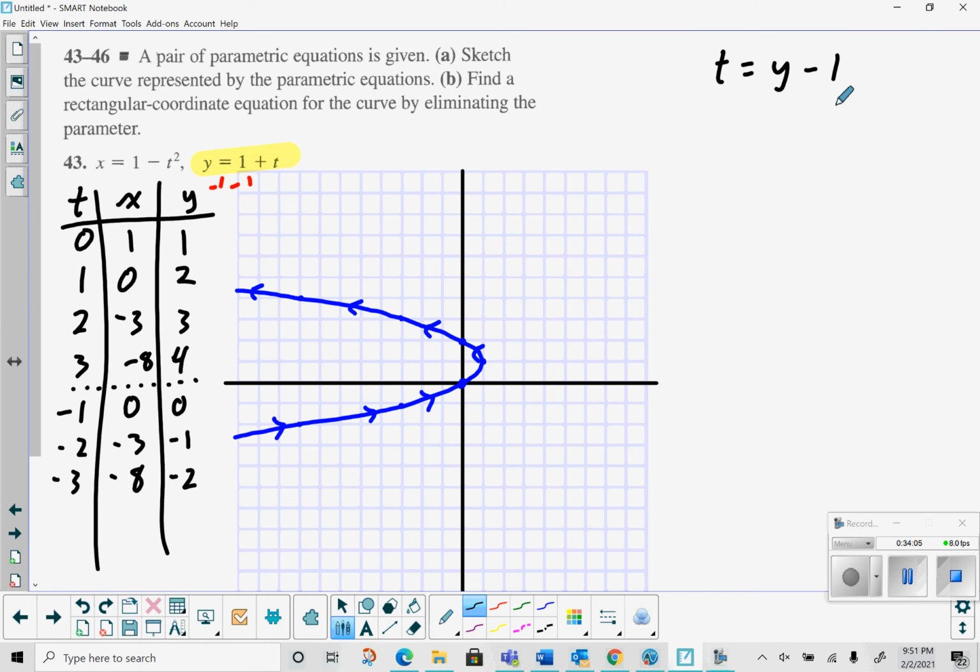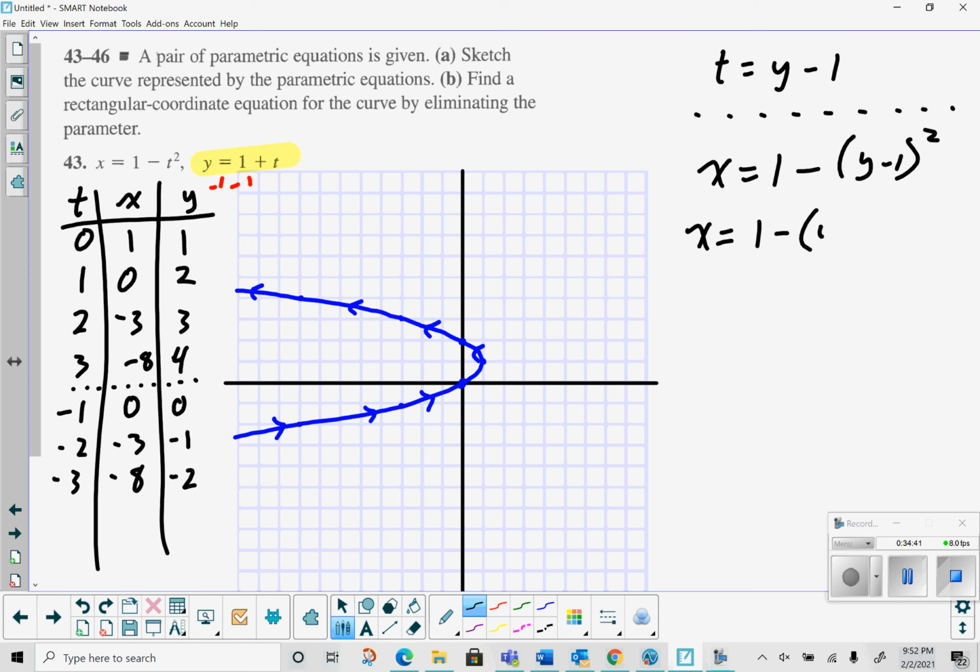Substitute that into the first one. X is equal to 1 minus t squared, so that's 1 minus y minus 1 squared. Now in this case, I'm going to take this a little bit further because I have a constant outside the parentheses, I have a constant inside the parentheses. So if I take y minus 1 and square that, again, please do the FOIL method.